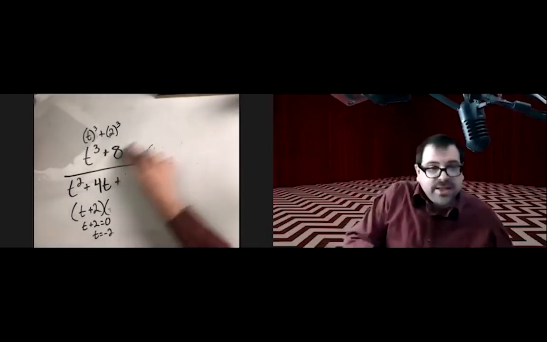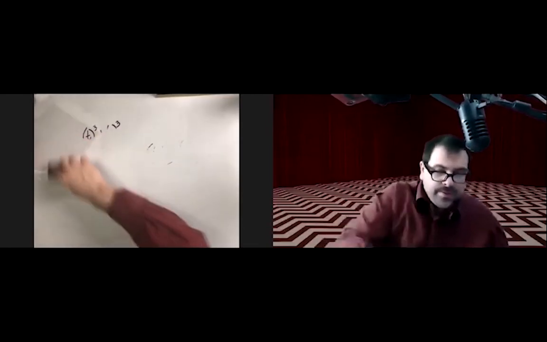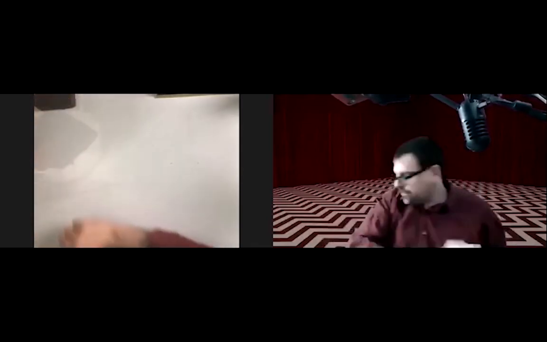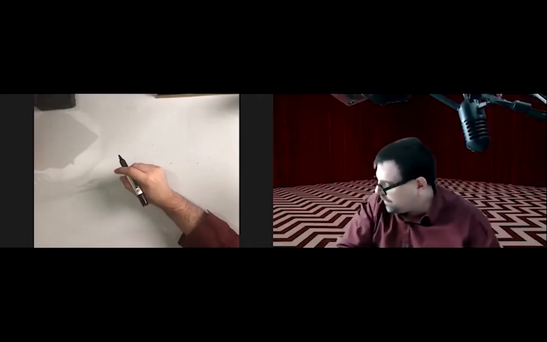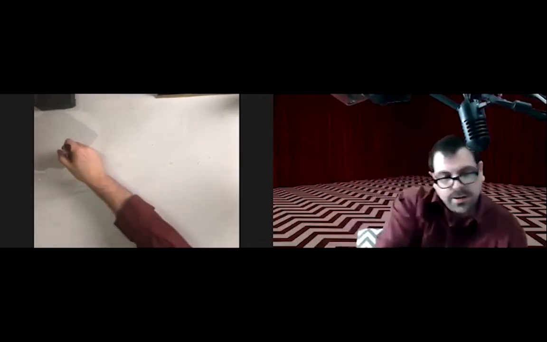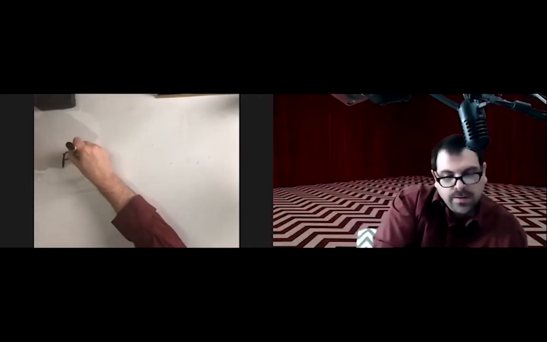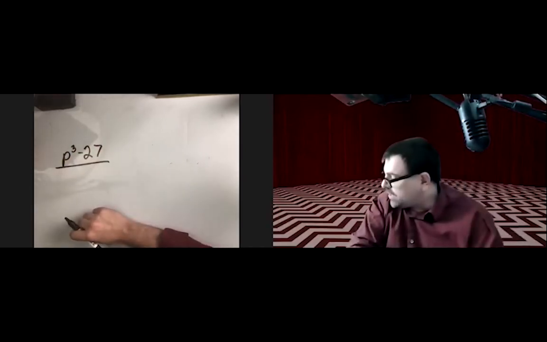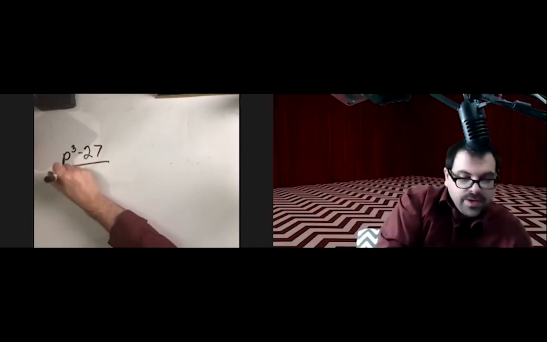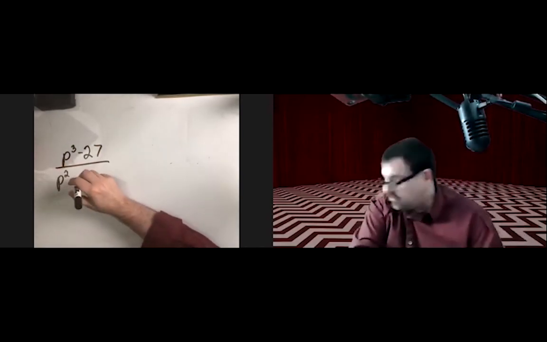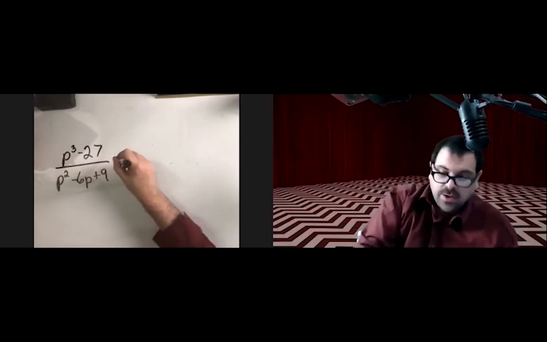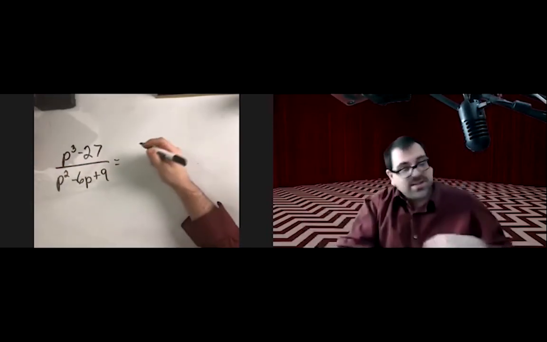Let's do another just like this. Let's take a look at p cubed minus 27 over p squared minus 6p plus 9. When I said just like this, I wasn't kidding.